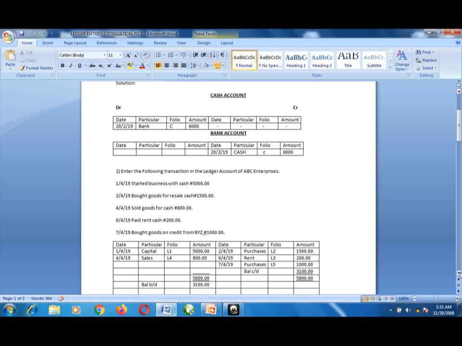Then under the particular, you write capital. We call it capital in account. You don't write started. Then the other leg of that account, when I was explaining the definition of ledger, I said transfer of accounts from one account to ledger.